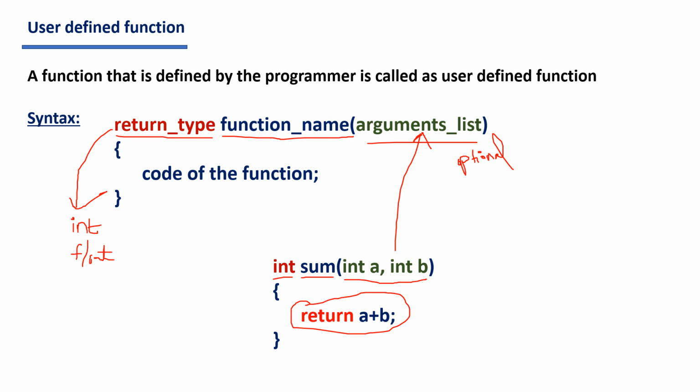But in some cases, if a function doesn't want to return any value, then we need to specify the void data type. That means if we specify void in the return type of a function, that indicates that the function doesn't return any value.